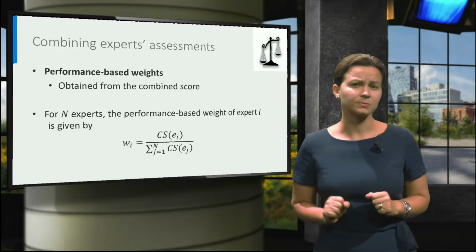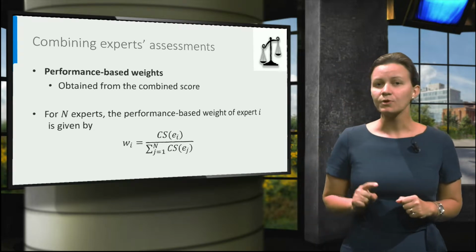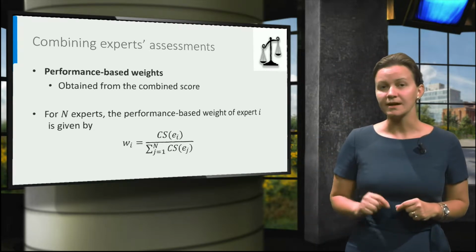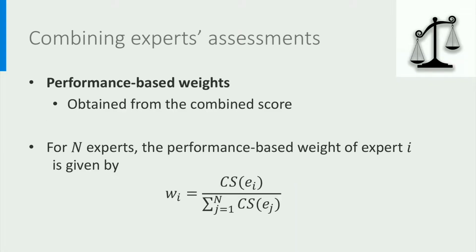Assume there are n experts. Then the performance-based weight of expert i is given by w_i, which is the ratio between the combined score of expert i and the sum of the combined scores of all experts. Note that the weights are normalized. That is, the sum of the weights of all experts is 1.